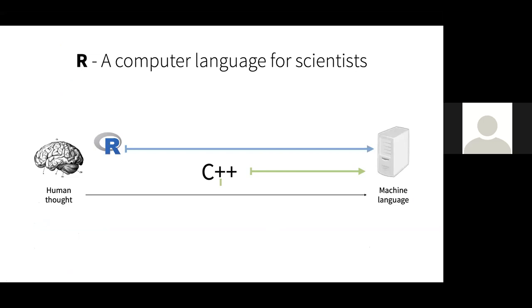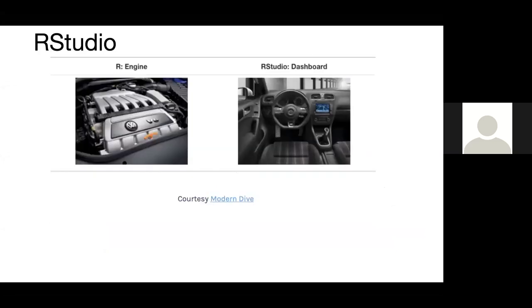As you are all aware, R is one of the key programming languages that scientists use for statistical analysis, apart from Python and other programming languages used for analysis. R is a computer language meant for scientists to do data science. In R, basically we have R itself and we have RStudio. R is like the engine of a car, and RStudio serves as your dashboard.